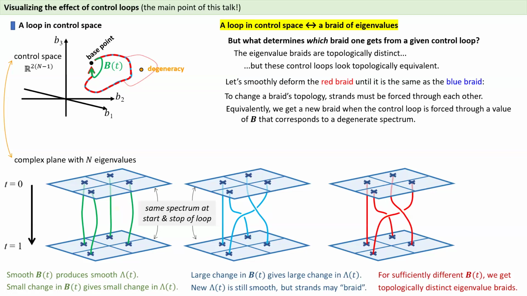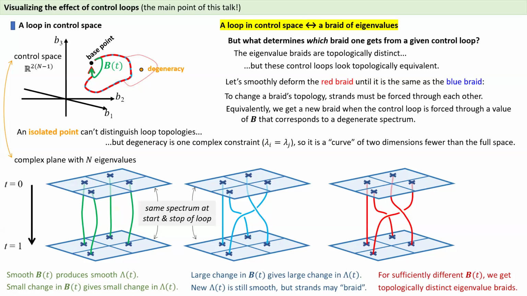So this blue loop is topologically distinct from this red one. There has to be a point here at which the eigenvalues have a double root. On the other hand, a point like this in a high dimensional space is not enough to make a topological distinction. I can for sure deform this blue loop into this red one, avoiding that point.